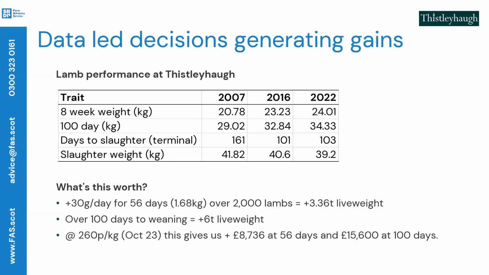That's quite a financial lift. If you say you've got 1,000 or 2,000 lambs in your system, there's a bit of a fag pack calculation on the bottom there: 6 tons of live weight, and you can put whatever live weight price you want on it. But it is a significant financial effect, and as I say, it's with the lambs you have on the ground.